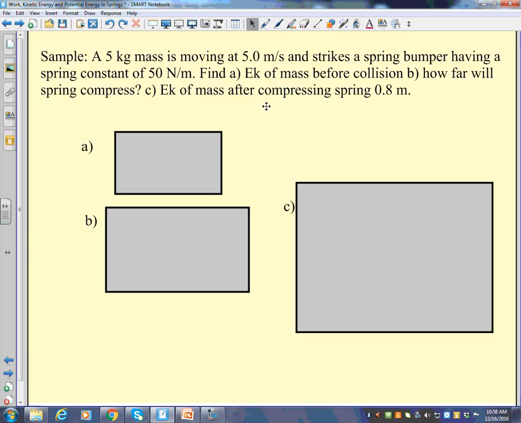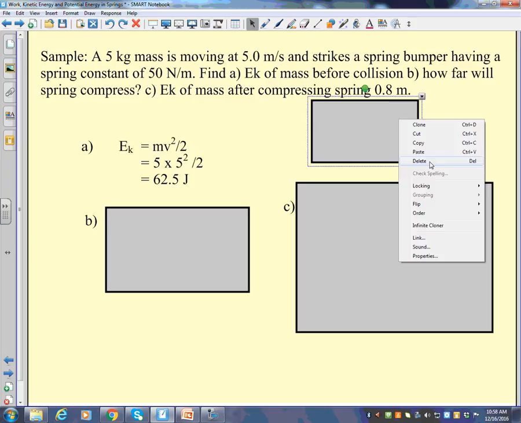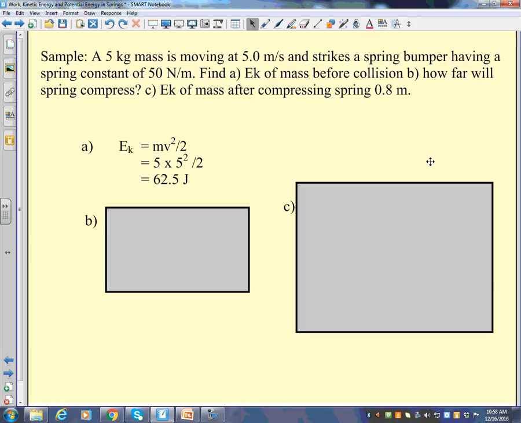Kinetic energy is mv squared over 2. So that's easy. How about how far does the spring compress? Well, what happens to the 62.5 joules of kinetic energy?